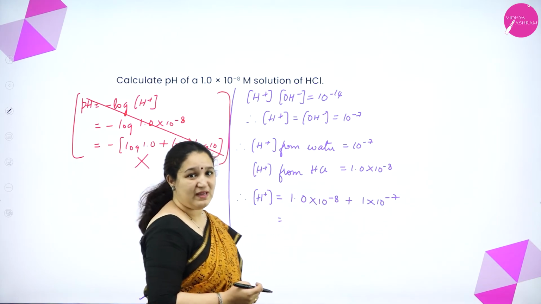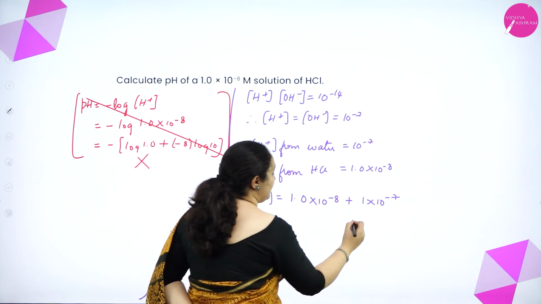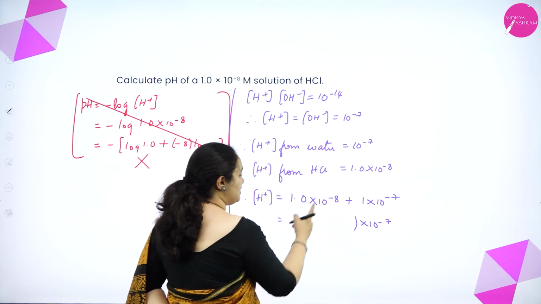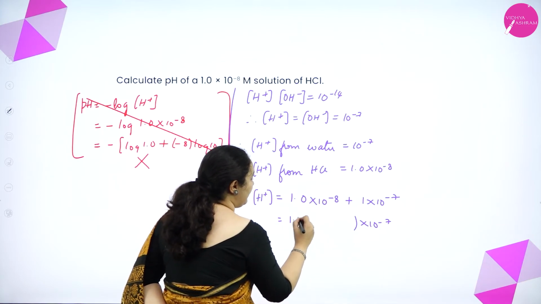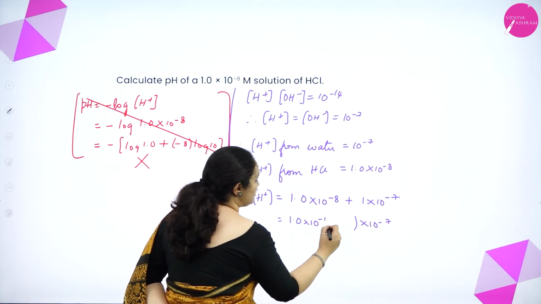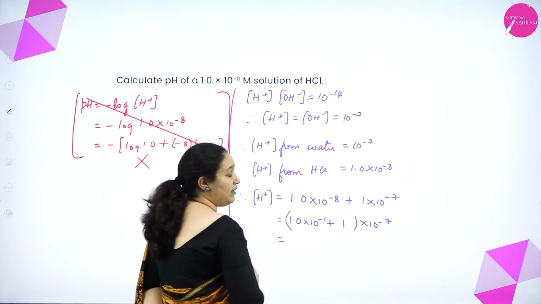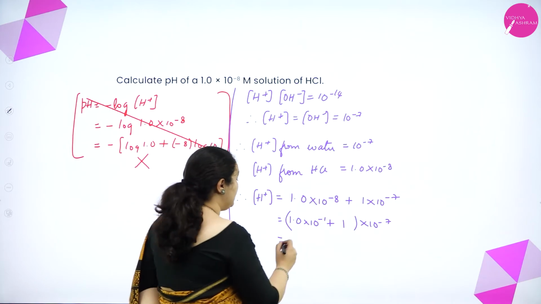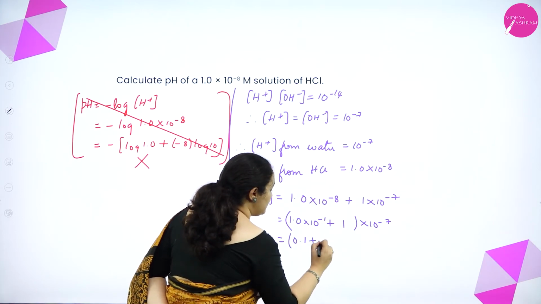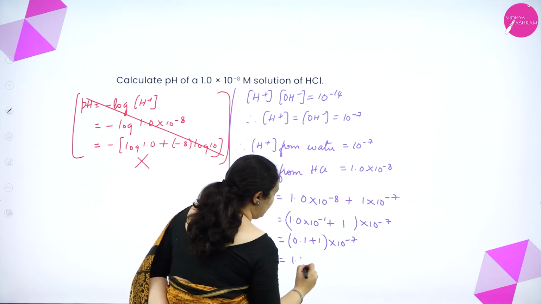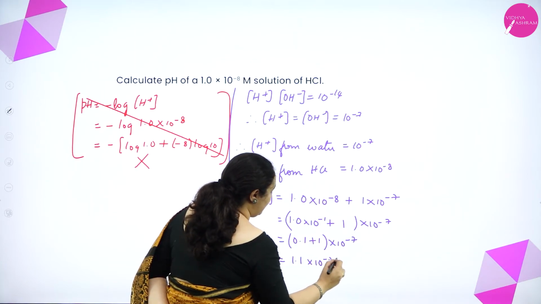So, I will take 10 power minus 7 common outside. So, this will be 1.0 into 10 to the power minus 1 plus 1, into 10 to the power minus 7. So, 1 into 10 power minus 1 is 0.1, so that is 0.1 plus 1, which is nothing but 1.1 into 10 power minus 7.